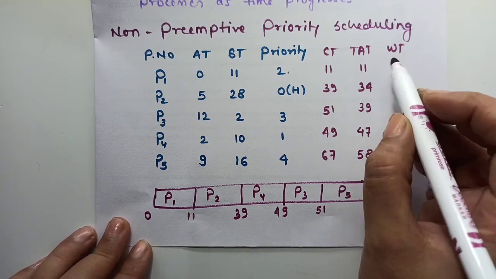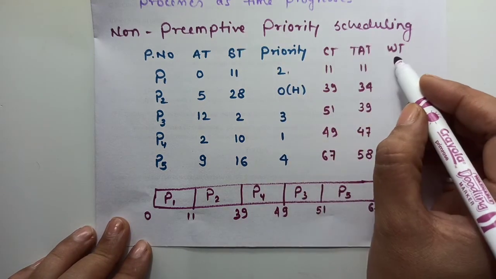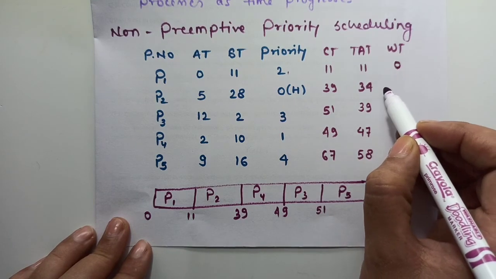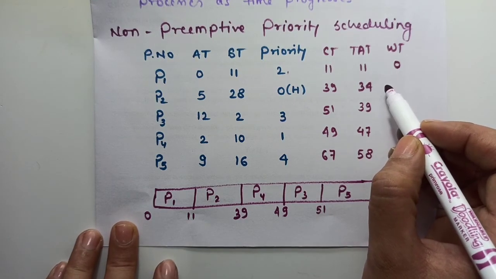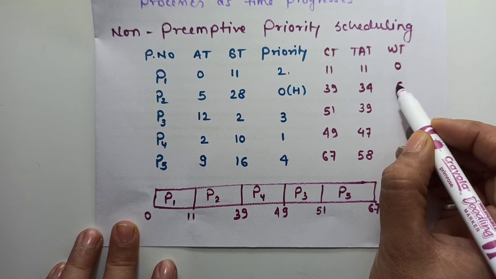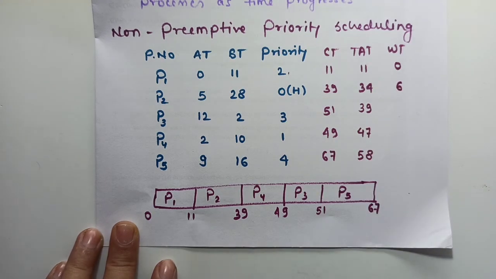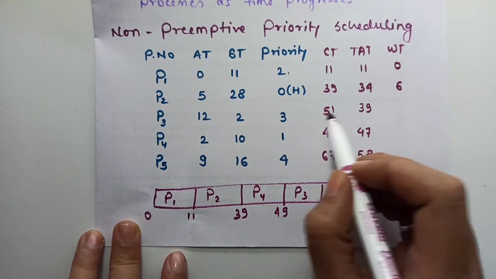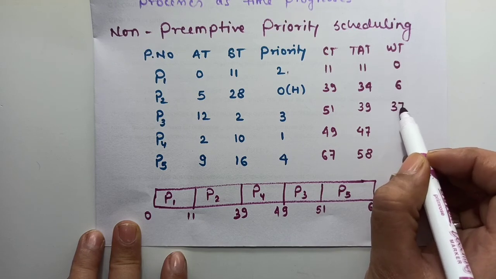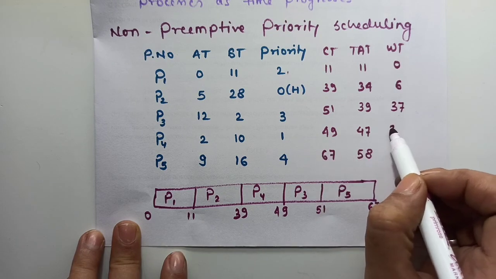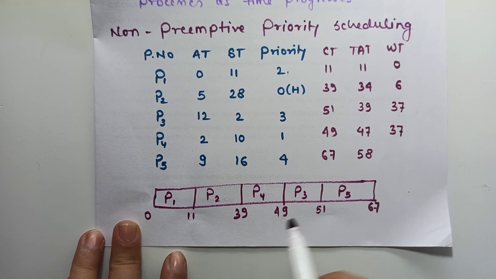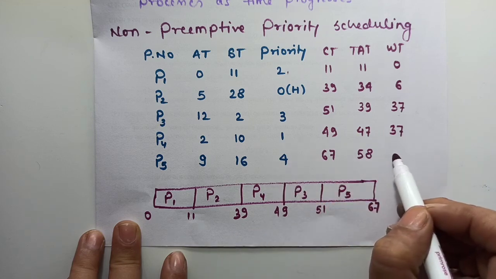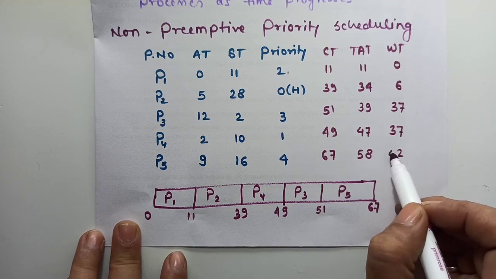Waiting time is turnaround time minus burst time, so it is 0, 34 minus 28 is 6, then 39 minus 2 is 37, 47 minus 10 is 37, 58 minus 16 is 42.